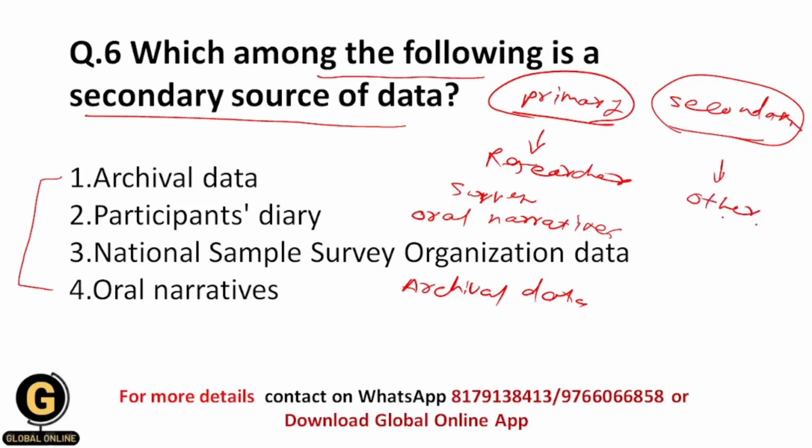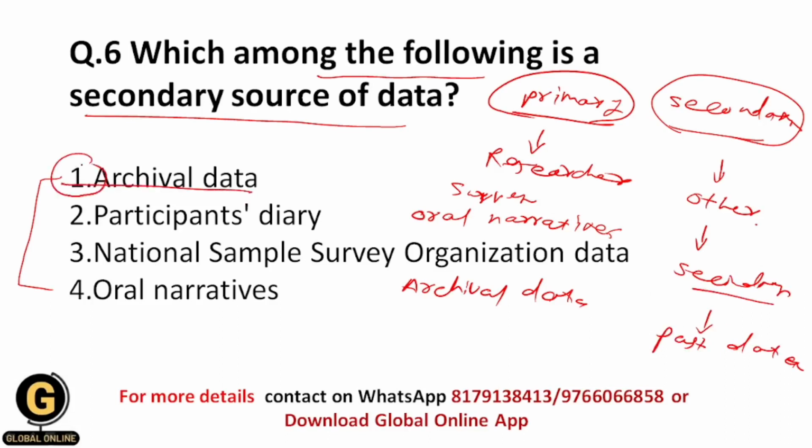So for example, whenever we see government departments like National Sample Survey Organization data, the data collected from them is secondary data. So it is not primary data, and this data is past data, not present data. Okay, so let us see the options. First is archival data.